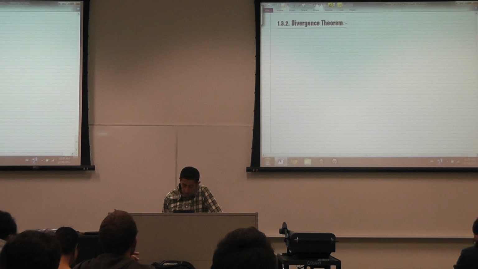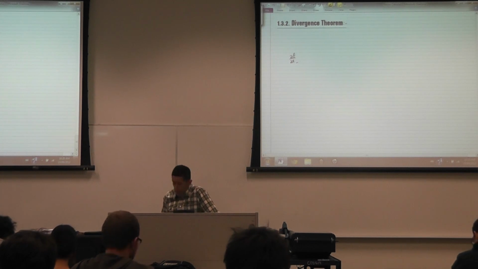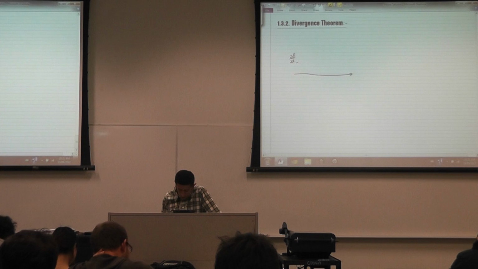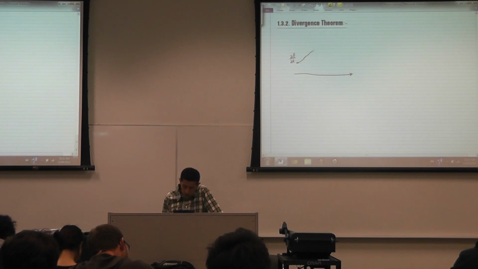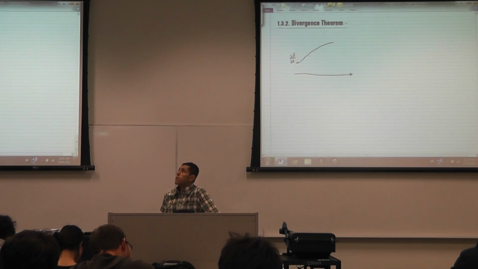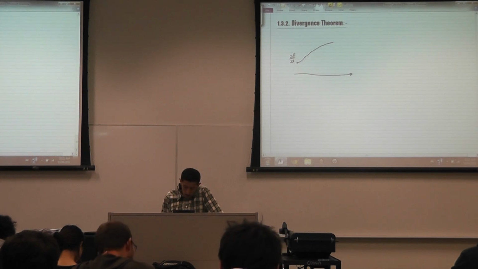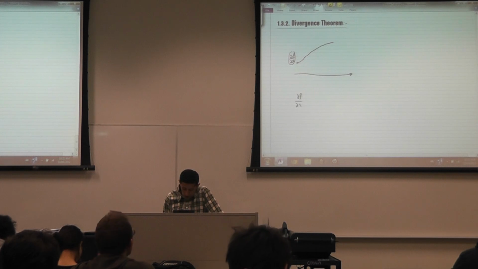If I have the rate of change of a function with respect to x, and I have that rate of change everywhere, every time I multiply partial f by partial x multiplied by delta x, I get a small change in the height.